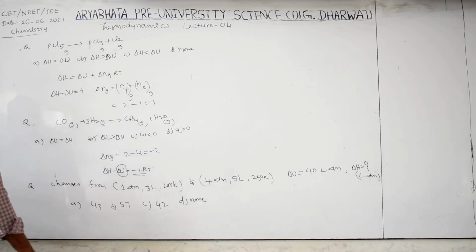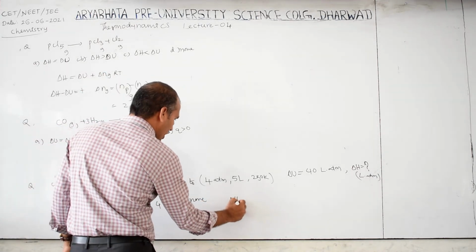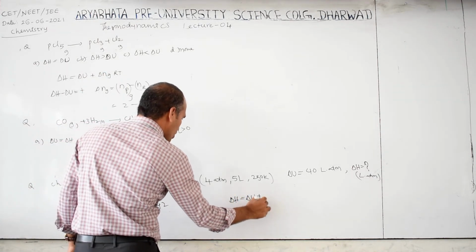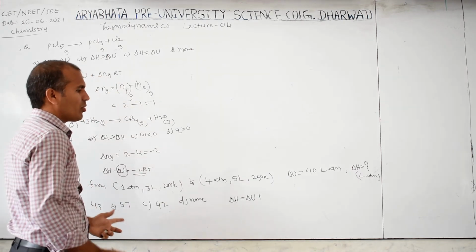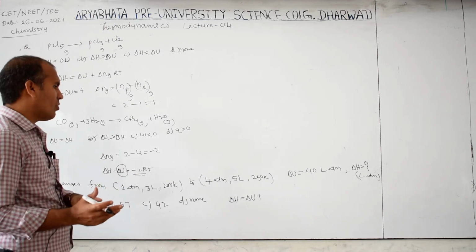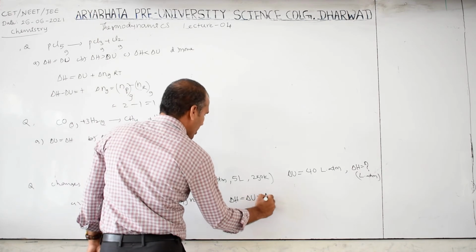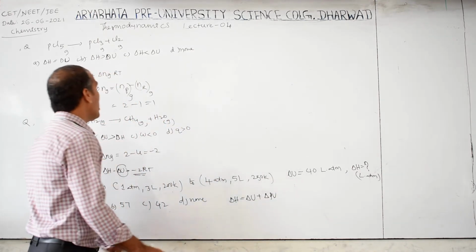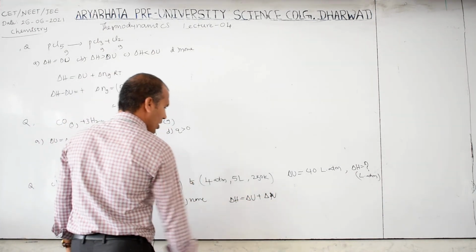According to this, we have this formula. Delta H is equal to delta U plus, instead of delta Ng, because here the reaction is not there, it only changes from some pressure to some volume. Therefore, we can write delta PV, because PV equals nRT. So instead of nRT, we can write PV.